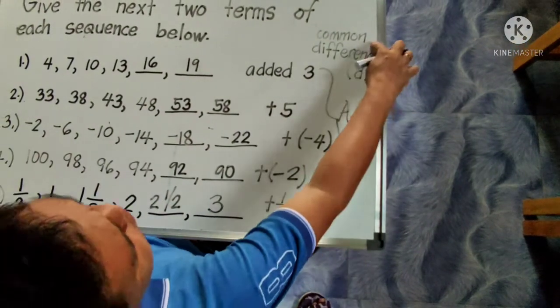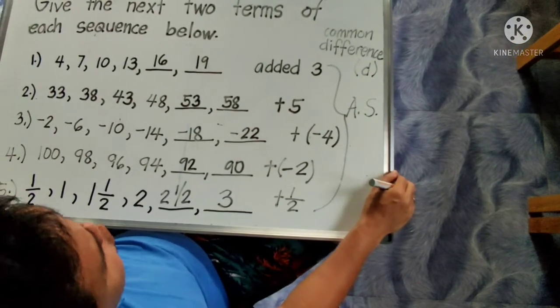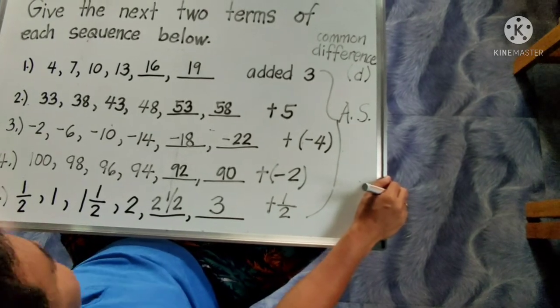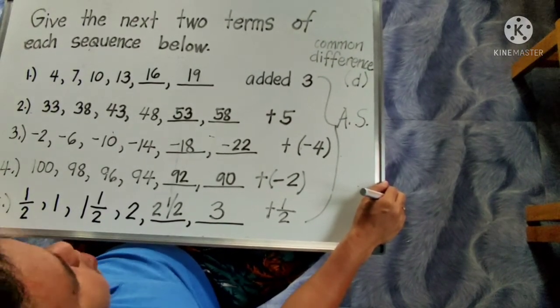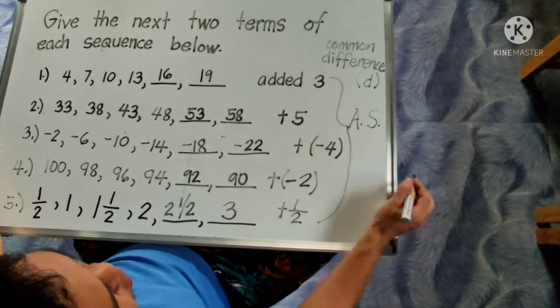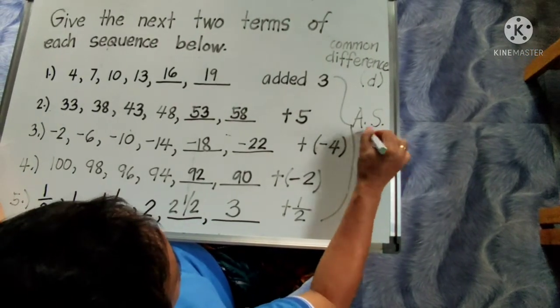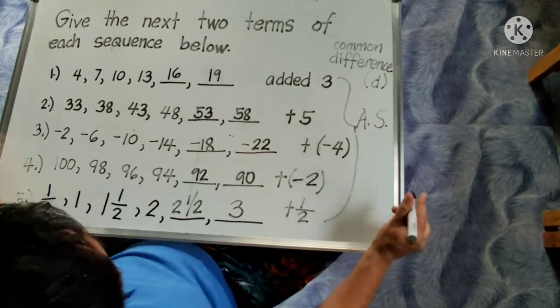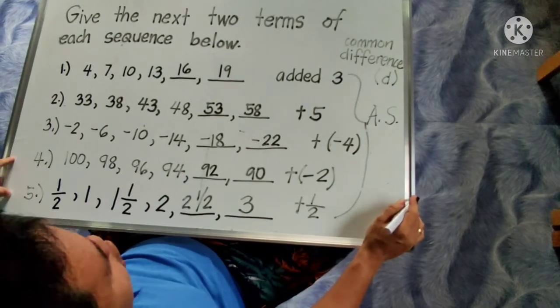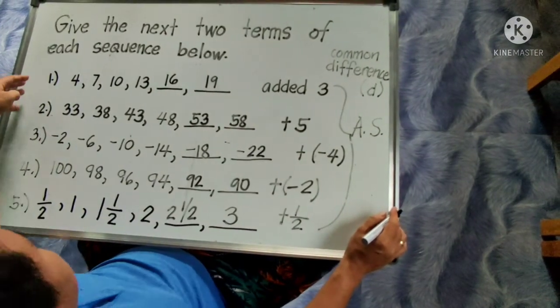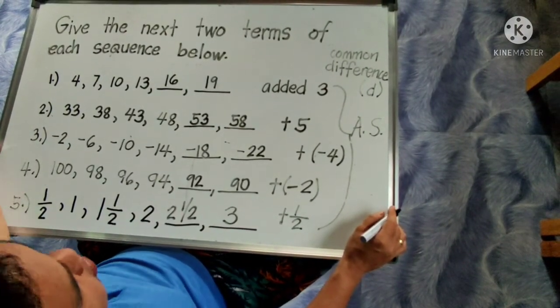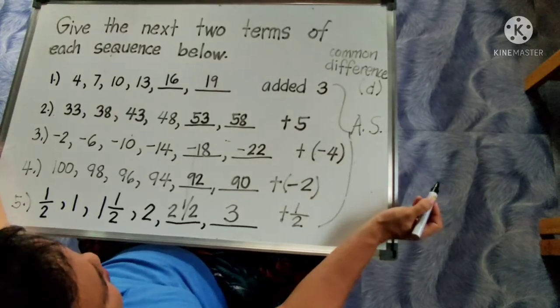Common difference plays a very important role in these sequences, because those sequences that have a common difference are what we call arithmetic sequence. So since 1 to 5 have common differences, these 5 examples that I provided you are arithmetic sequences.